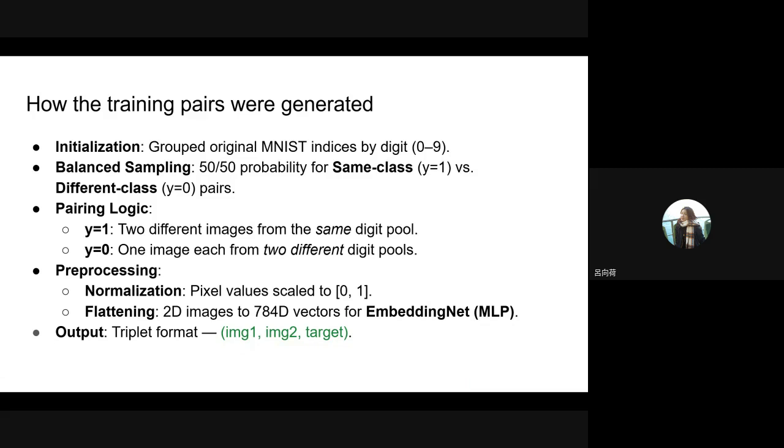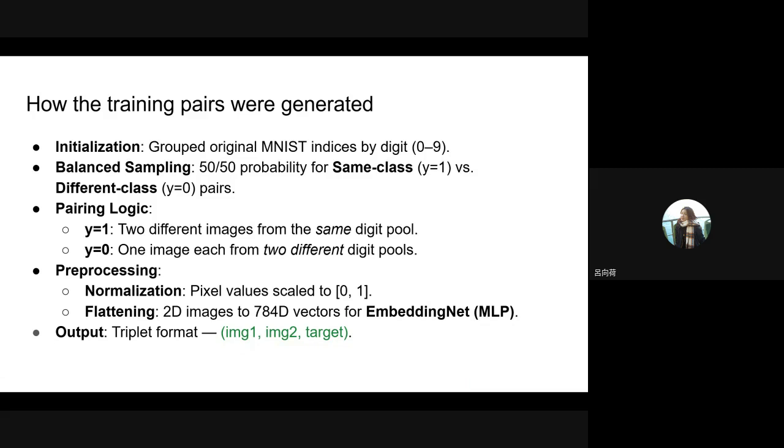For the positive pairs, where the target y equals 1, we pick one digit and then randomly select 2 different images of that same digit. For negative pairs, where y equals 0, we select 2 different digits first and then take one representative image from each group.